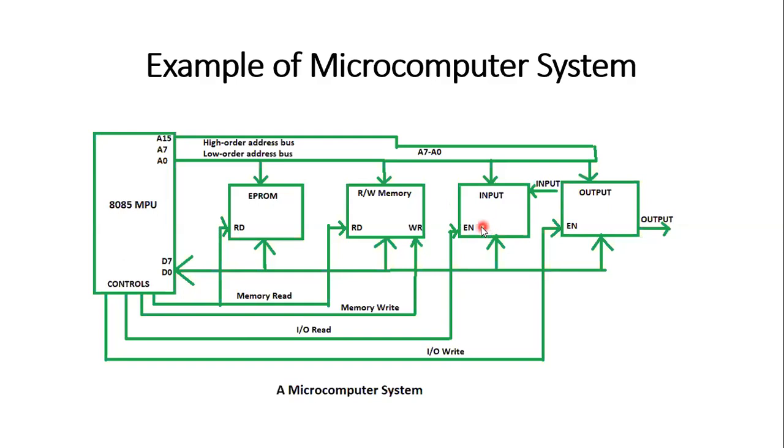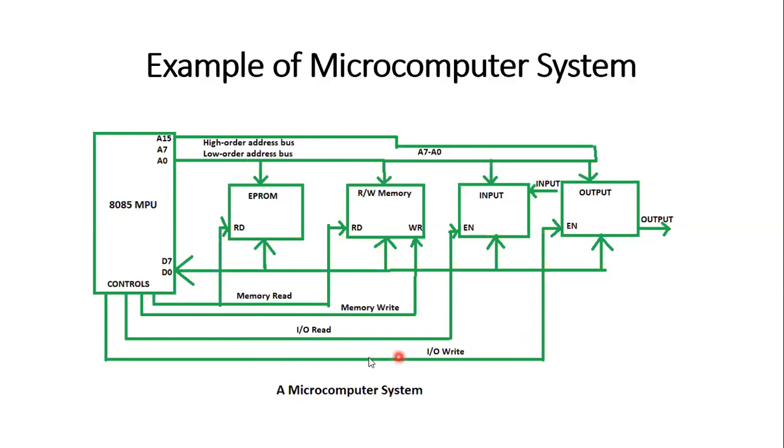For example, to send data to an output device, the MPU places the device address, that is the port number, on the address bus, data on the data bus, and enables the output device using the control signal IO write. Okay. So the address is put on the address lines.